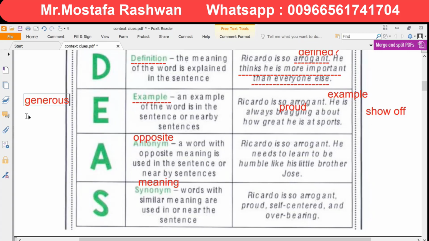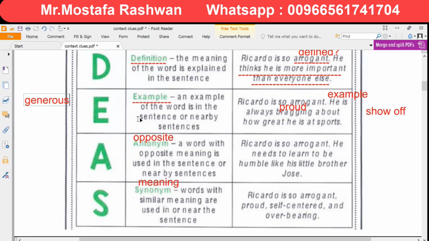I can say that he always shares his belongings with others. He always gives people what he possesses or what he owns. If he has $20, he always shares money with others, so he is generous. This is an example. Okay?